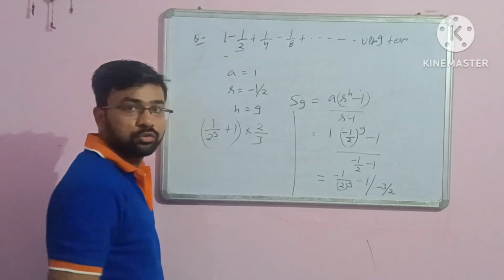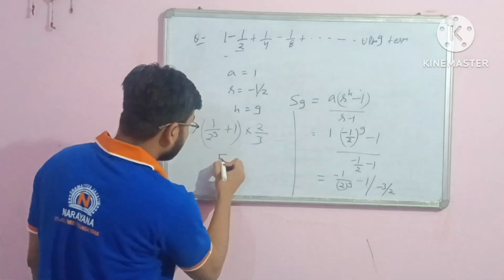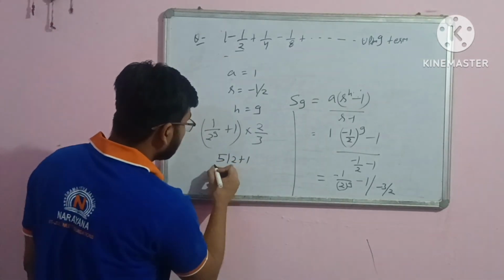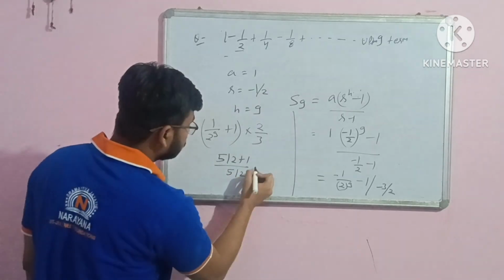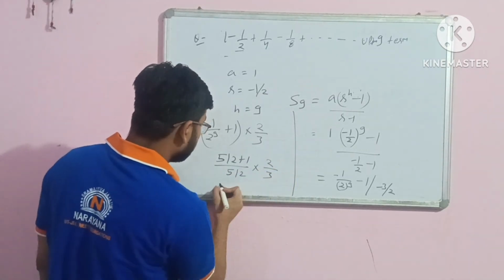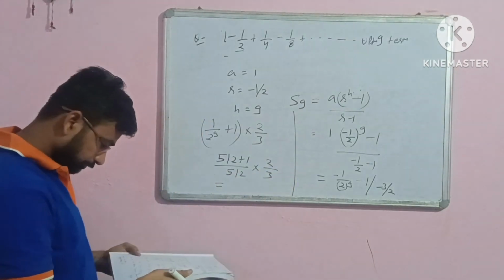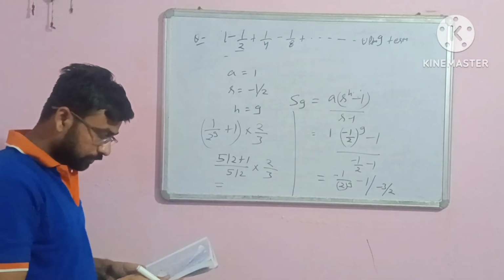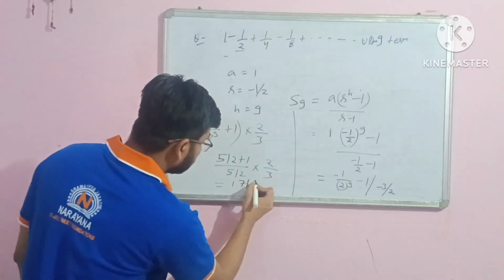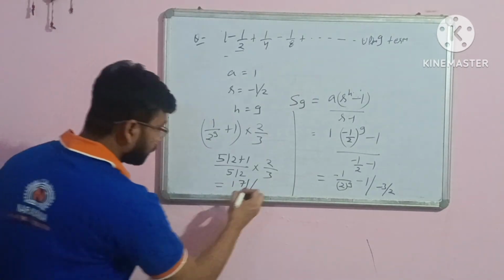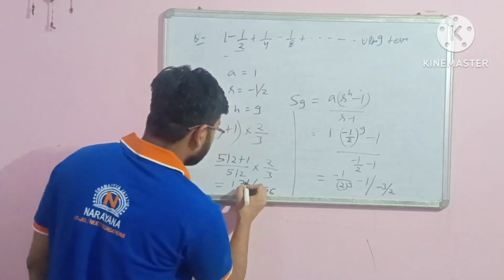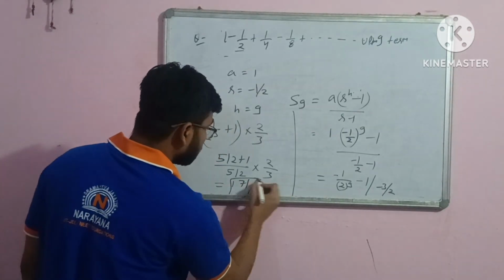We know that 2 to the power 9 becomes equal to 512, so we get 512 plus 1 upon 512, into 2 by 3. So here we will get 177 by 256. So this is the answer of this question.